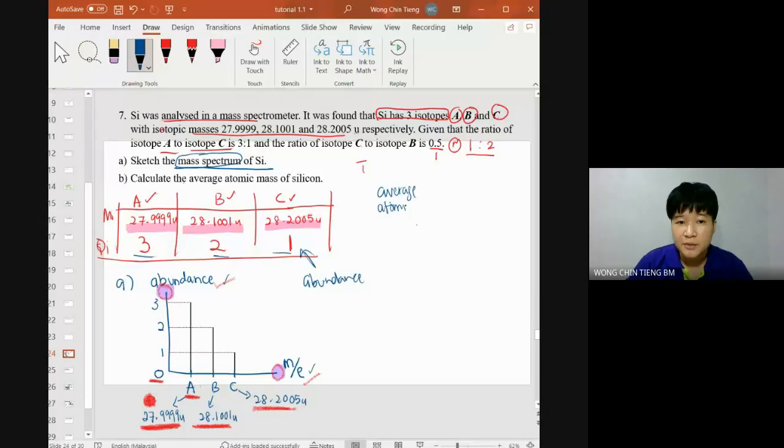Your average atomic mass of your ABC will be the formula as always, sum of QI MI over sum of QI.